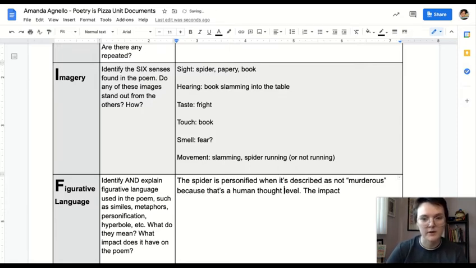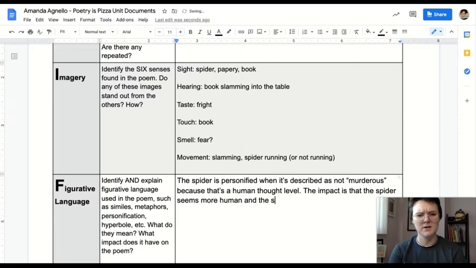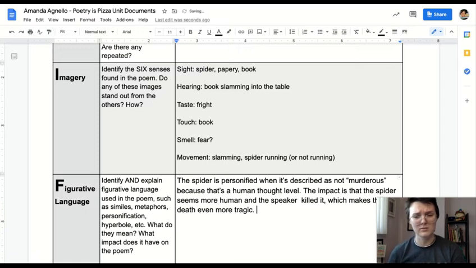I forgot my apostrophe there. The impact is that the spider seems more human, and the speaker killed it, which makes death even more tragic. Oh, wow. Now that I think about it, this is pretty sad.